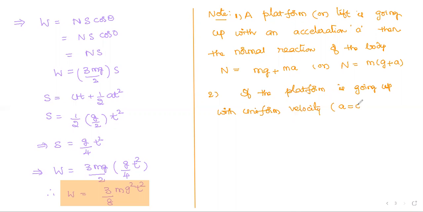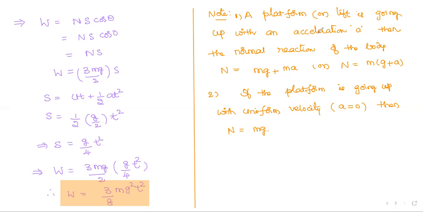Acceleration of the body is equal to 0 when it is moving with uniform velocity. Keep in mind, going up with uniform velocity, then N is equal to mg plus m into acceleration, which is 0. N is equal to mg.